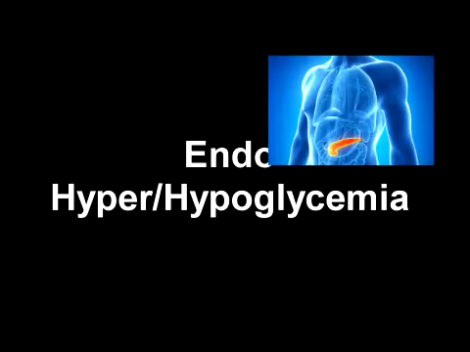It will go from very high to very low. That is called brittle diabetes. And especially when brittle diabetics have hypoglycemia unawareness, that means they have lost their sympathetic early warning signs. So they usually do not know when their blood sugar is dropping until they pass out. That is the second indication for transplantation.